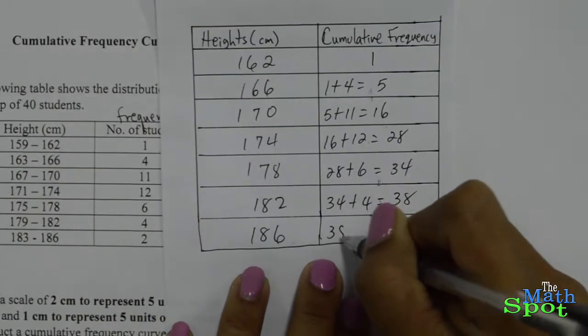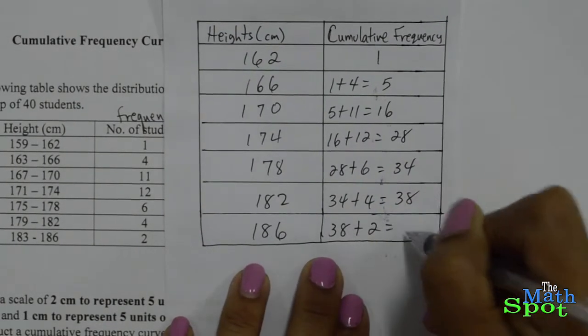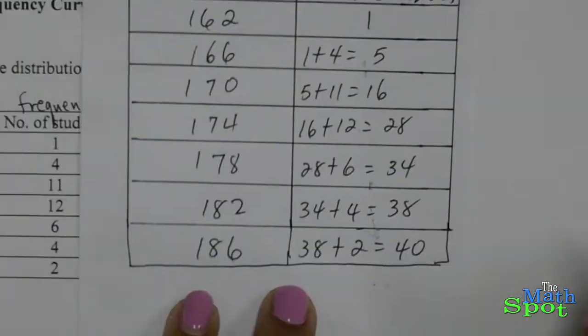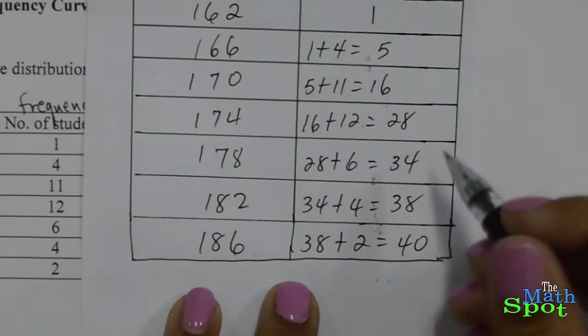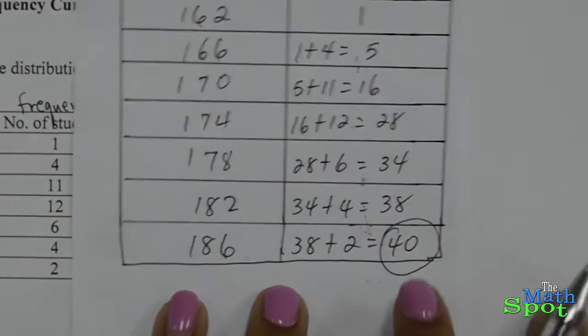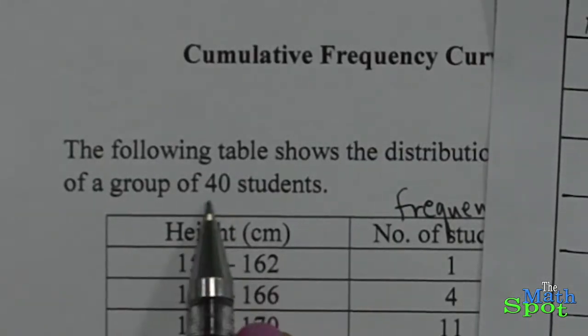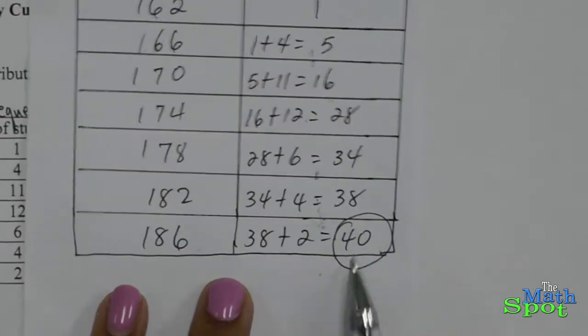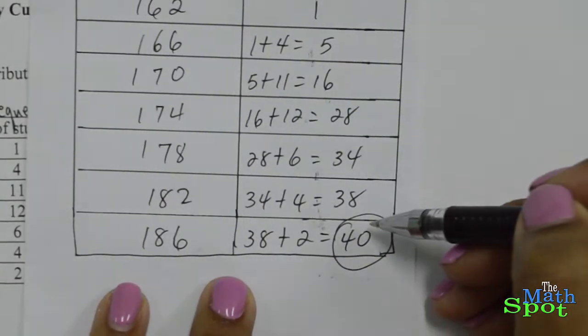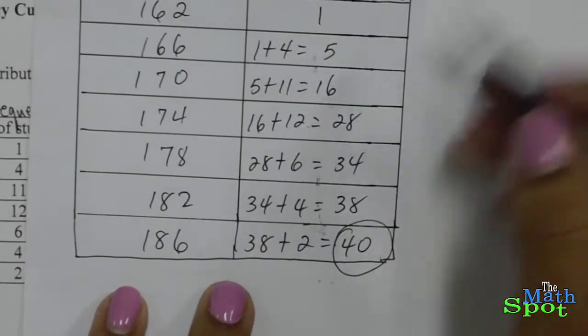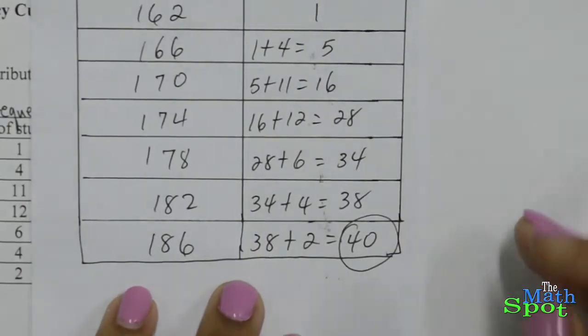And finally, 38 plus 2, 40. Interesting to note is that this figure, 40, was the given total frequency in the original statement for this question. If you're not getting that total frequency, be sure to recheck your addition. Maybe you made a mistake in recording your values.